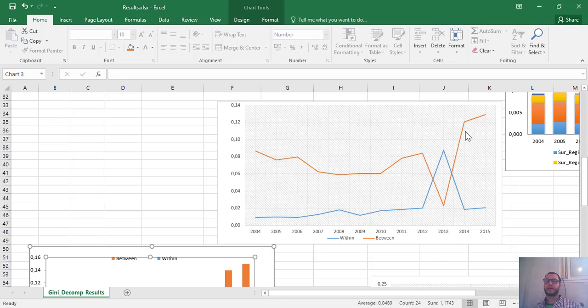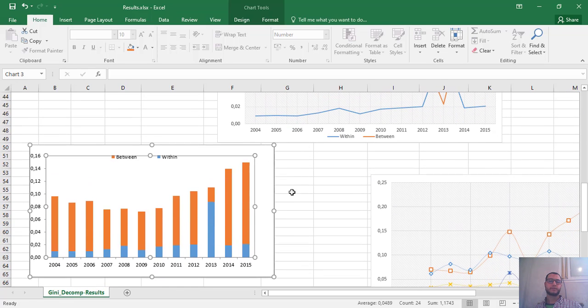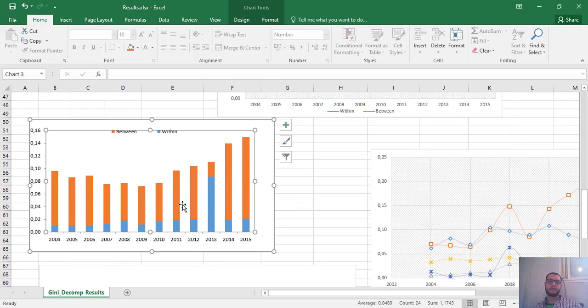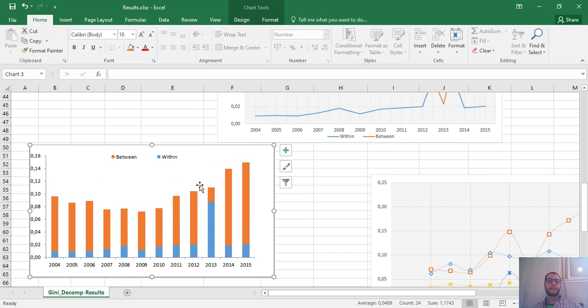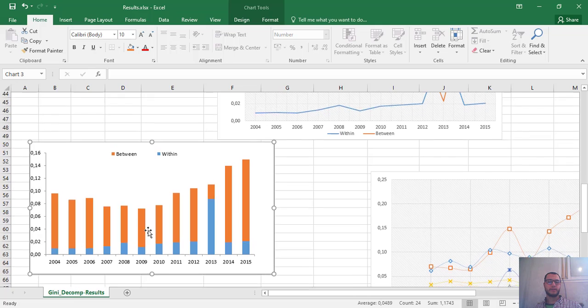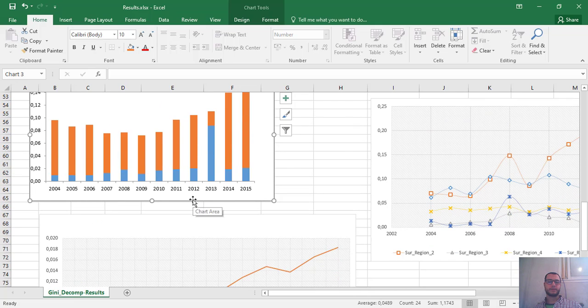That means that the inequality inside each region becomes greater than between the regions. So here we have the weaving and the between effects using this kind of graph.